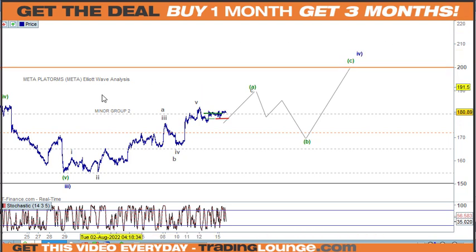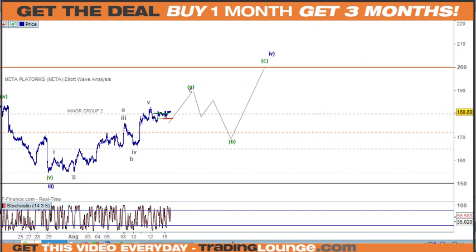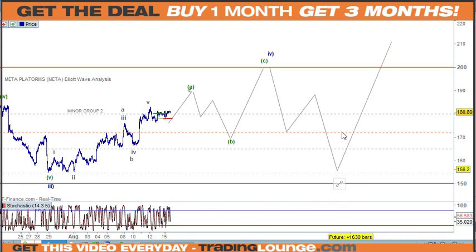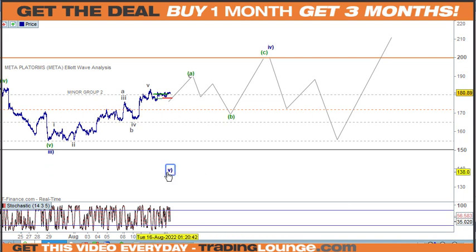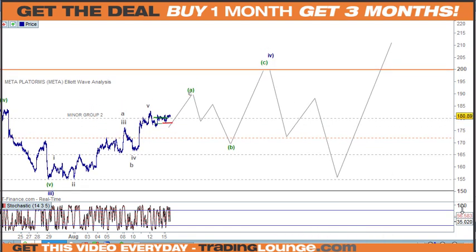This is probably the wrong wave count here, because as far as I can see, once it gets to here, it should have some sort of larger ABC pattern. It may even make a new low from wave 4 down to wave 5. That's what I was sort of thinking. But I could be wrong, so don't pay too much attention to this wave count, but the flow of this is okay.